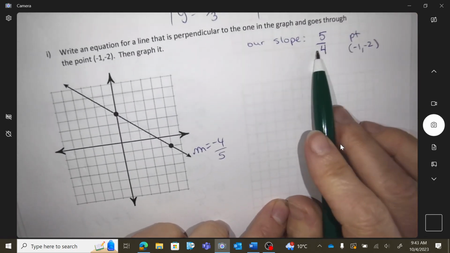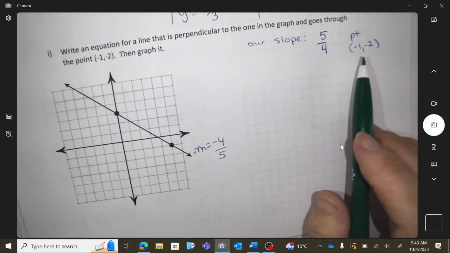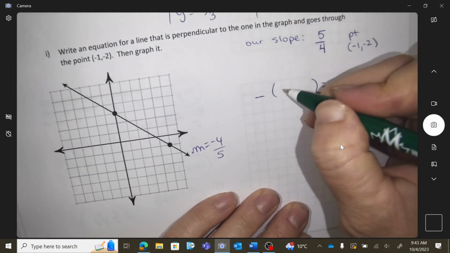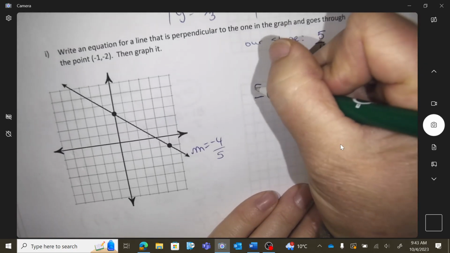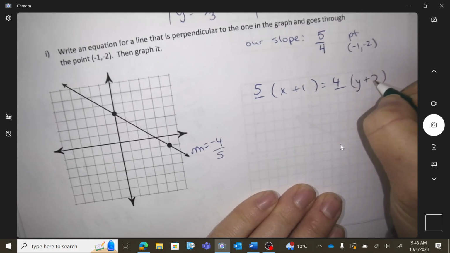So now I know the slope of my line and a point on my line. So I'm picking the format of that. That is my format I'm going to follow. Point slope form. So I'm going to put the 5 and the 4 in the fronts. Opposite numbers.